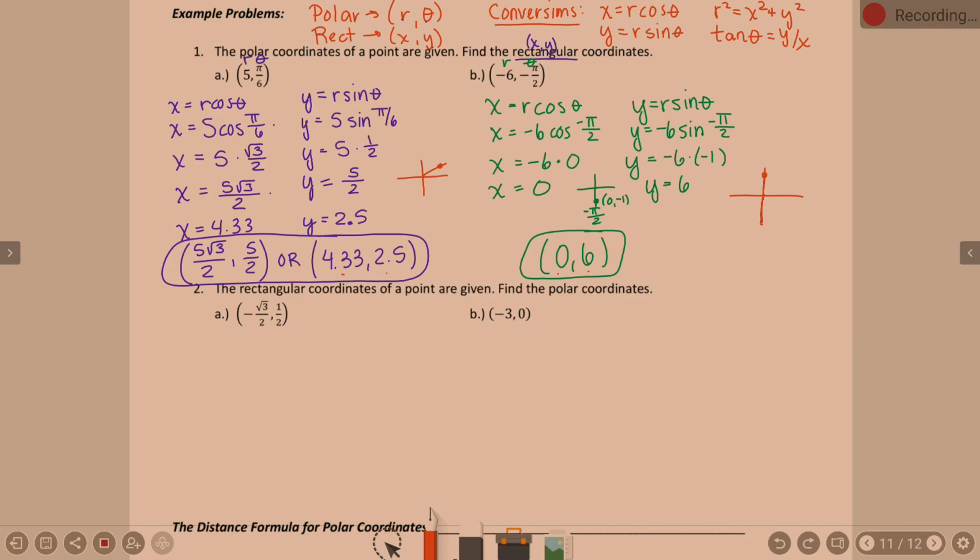Okay, so that was going from polar to rectangular. What do we have to do now? Rectangular to polar. Okay, so the rectangular coordinates of a point are given. That means, what are these values? We are given x, y. We're trying to find r, theta.